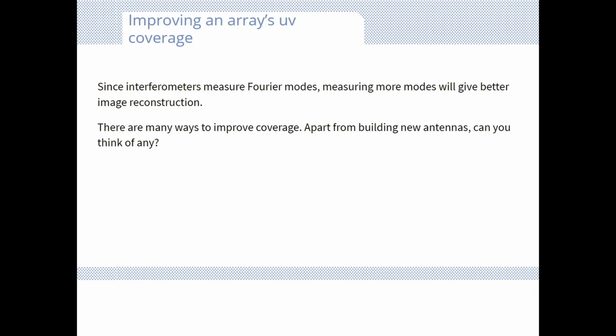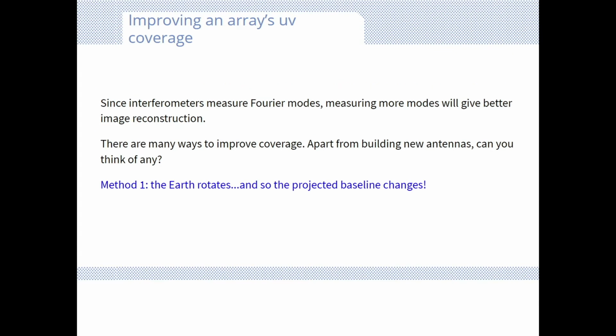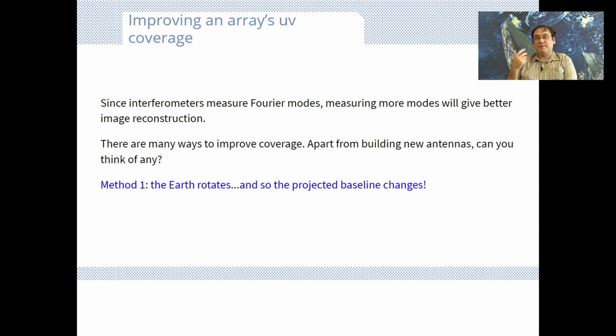Well, apart from building more antennas, we can rely on the fact that we're taking spatial coherency projection measurements, right? The word projection here. So as the Earth rotates underneath the sky, the physical orientation of the baseline changes with respect to the source vector, right?